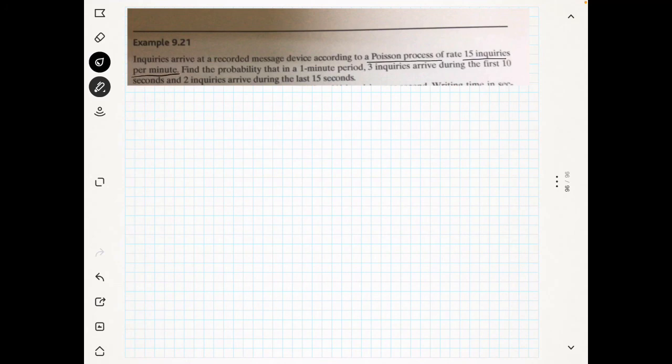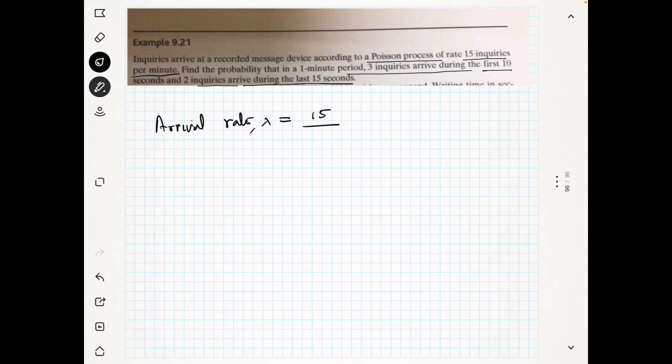That means the arrival rate we can calculate. Arrival rate means lambda. Okay, arrival rate lambda is nothing but 15 inquiries in 1 minute. Our question is to find the probability that in a 1 minute period, 3 inquiries arrive in the first 10 seconds and 2 inquiries arrive in the last 15 seconds.